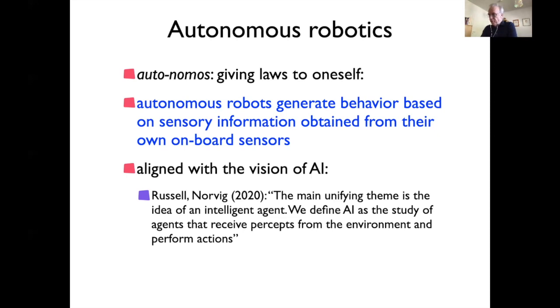And they even define artificial intelligence as the study of agents that receive percepts from the environment and perform actions. So that's the definition essentially of an autonomous robot. And maybe the only question is whether the agent really has to be physically able to act, or would it be acting just informationally, for instance, by talking to someone or giving some response on a computer screen.